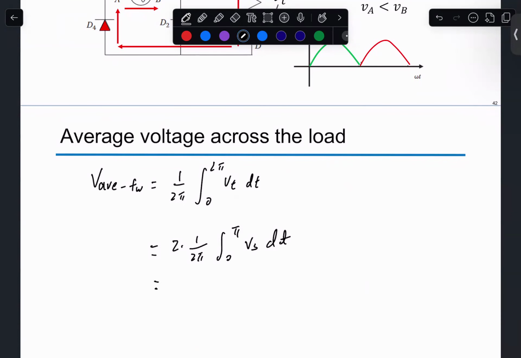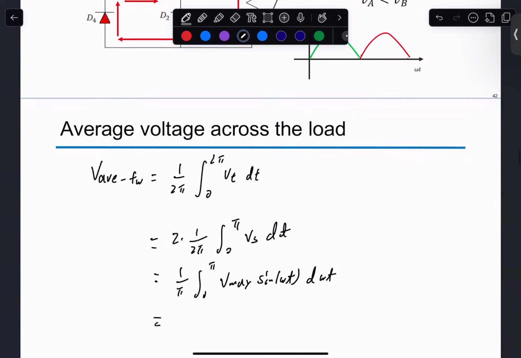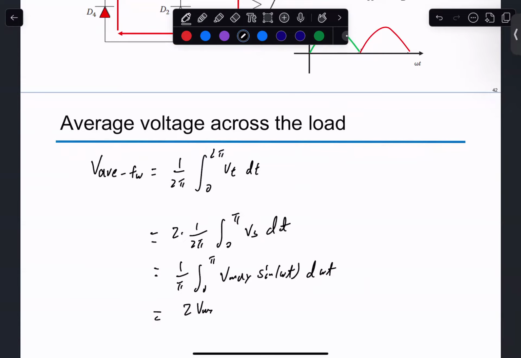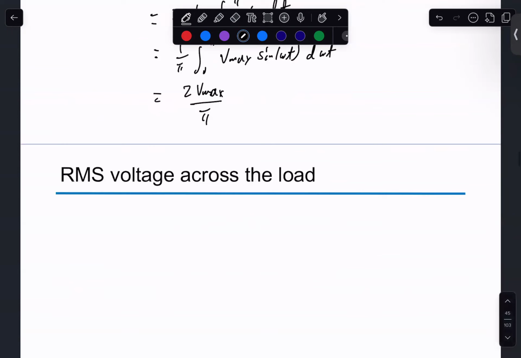So this is 1 over pi, integral from 0 to pi, Vmax sine omega t, d omega t. This is 2 Vmax over pi.